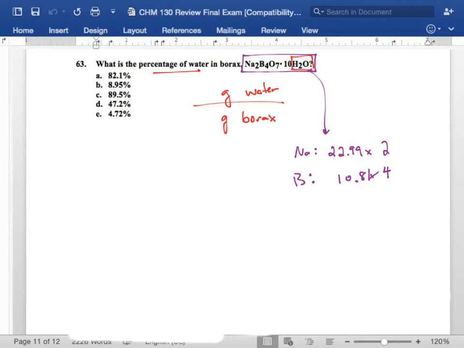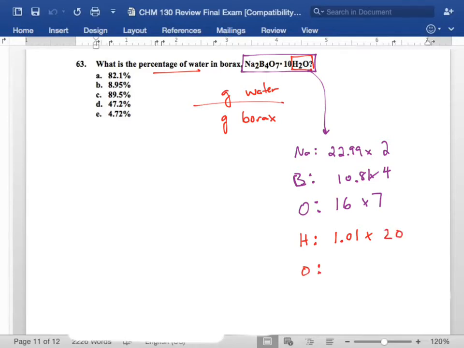No, times 4. Oxygen, just a 16 flat, times 7. Okay, and we'll look at a second for why I just did it that way. Then I have hydrogen. Hydrogen has a mass of 1.01 times 20.